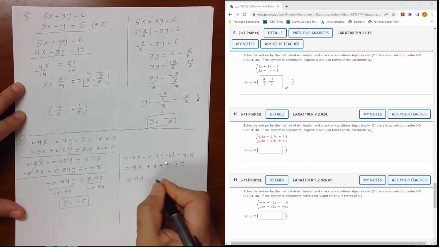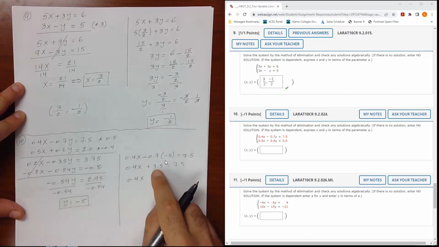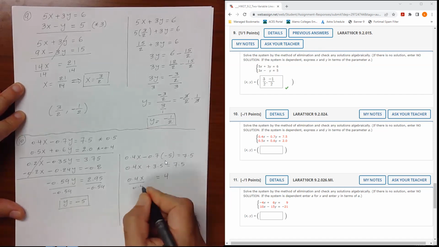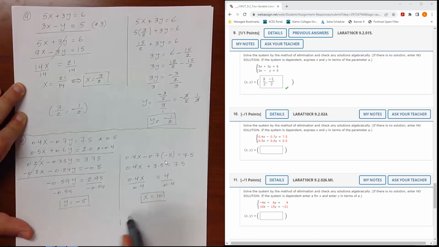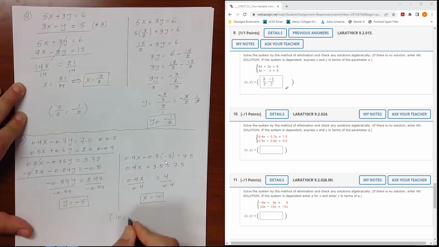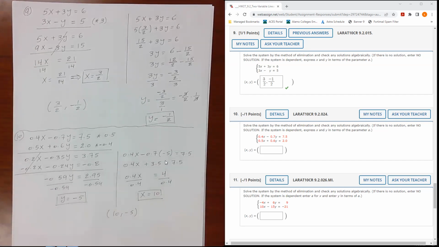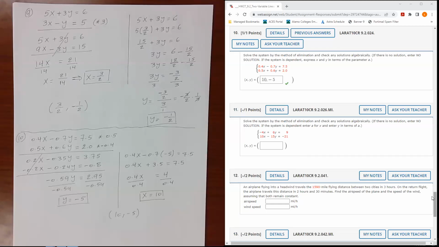So 0.4x is going to equal 7.5 minus 3.5, which is 4. Divide both sides by 0.4. So x is going to equal 10. That means our solution is x is 10 and y is -5. So that's it for this example. So here we're going to say 10, comma, -5. We got it right. Let's move to example 11.